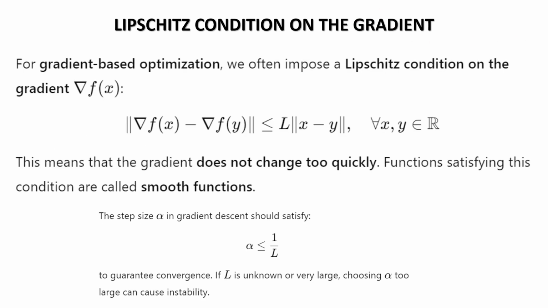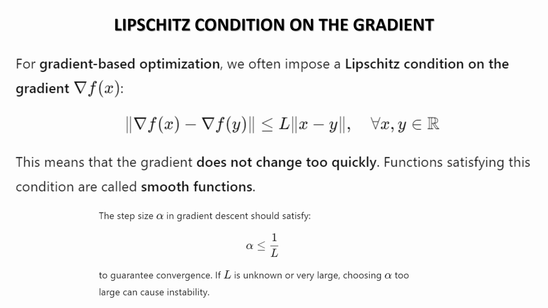To remind you of the Lipschitz condition on the gradient: if the gradient is Lipschitz continuous, the function does not have sharp turns or discontinuities. And this condition is crucial for ensuring gradient descent methods converge properly.